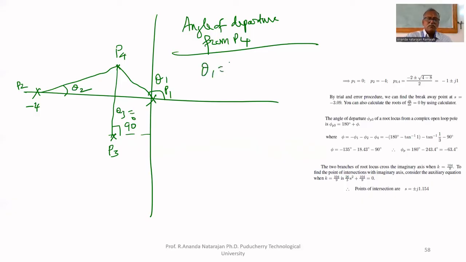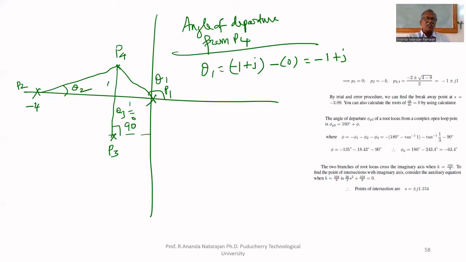Theta 1 equal to what? P4 is minus 1 plus j. From that you subtract 0. That is equal to minus 1 plus j. What is that angle? In polar coordinates, you will get automatically 135, because this is 1, this is 1.